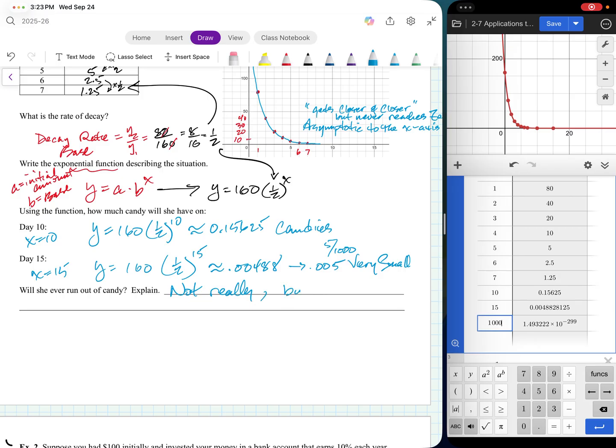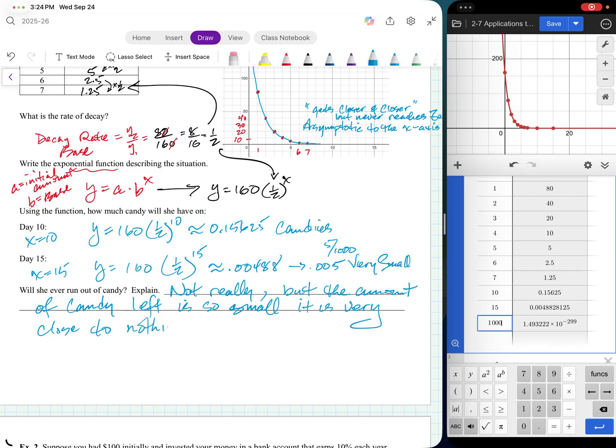But the amount of candy left is so small, it's very close to zero. It's very close to, I'm going to say, nothing.